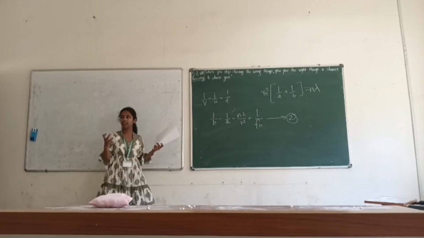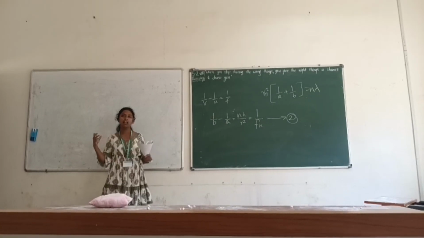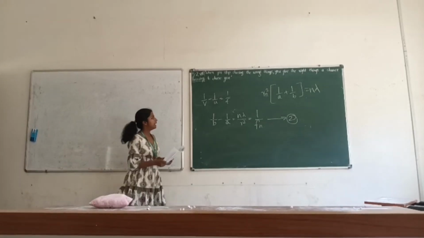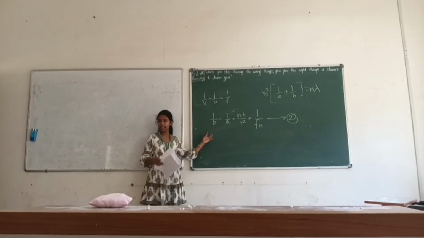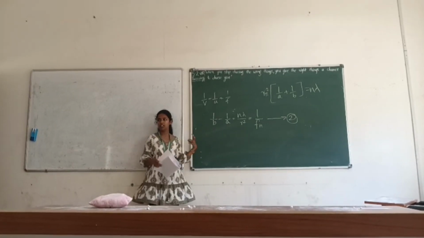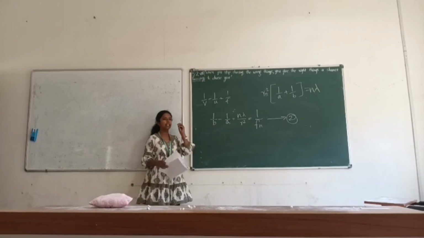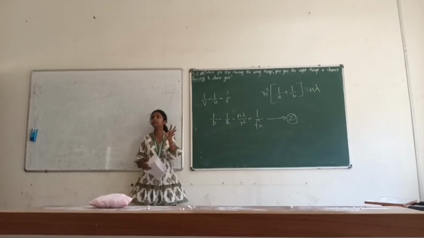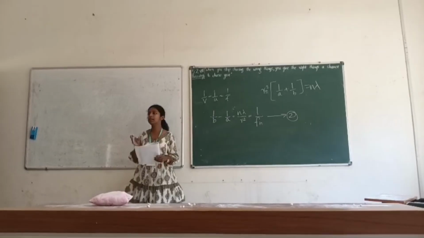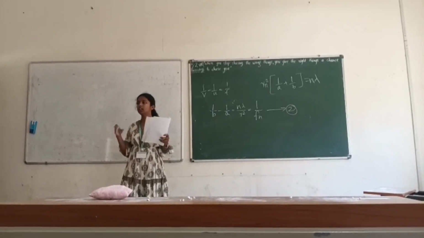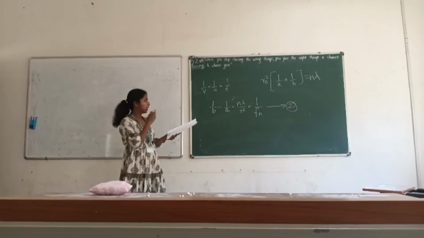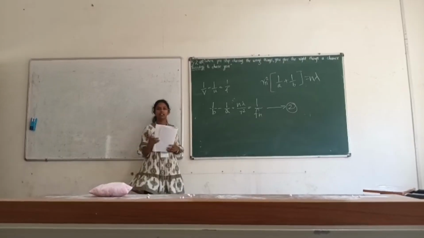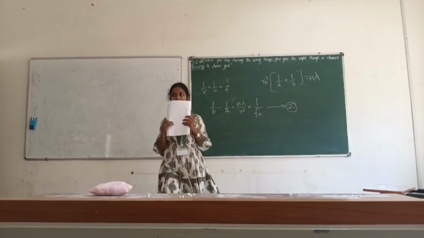We have various lenses, convex lens, concave lens, etc. Similarly, this also acts as a converging lens. But the main principle is that this works based on diffraction, not refraction, that is Fresnel diffraction. Thank you.